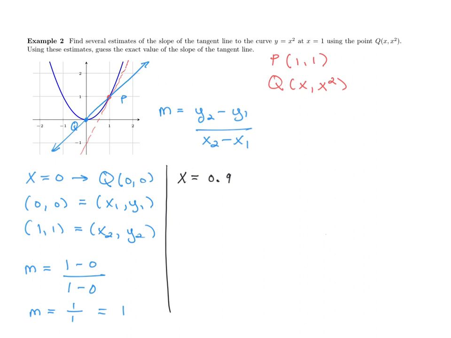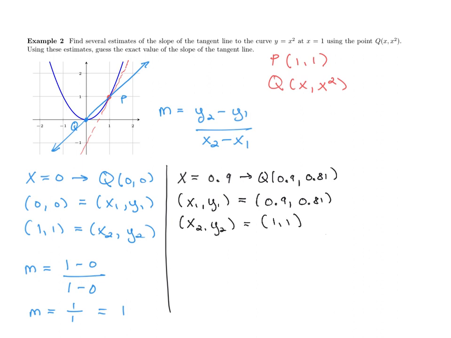Okay, so if x is equal to 0.9, my point Q is going to be 0.9, and if you square 0.9, you get 0.81. I'll let (x1, y1) be the point (0.9, 0.81), and I'll again let (x2, y2) represent the point (1, 1).